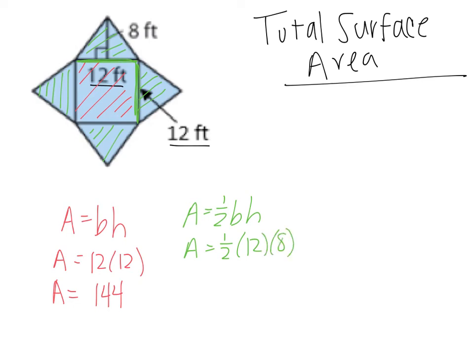Now remember when we talked about this earlier, we want to get rid of that 1/2 as fast as possible. Both the 12 and the 8 are even, so I can get rid of it with either. I'm just going to get rid of it here. So half of 12 is 6. Now I'm going to solve this, and I have area equals 6 times 8, which is 48.